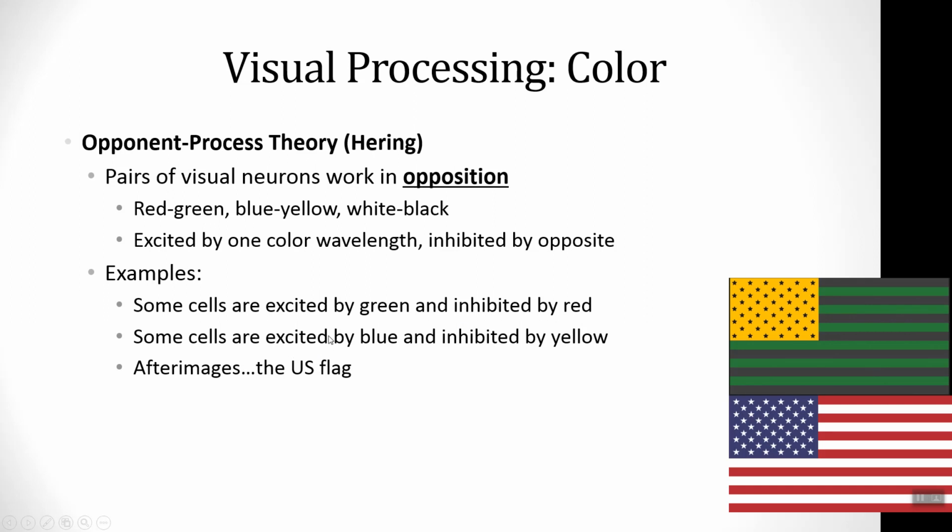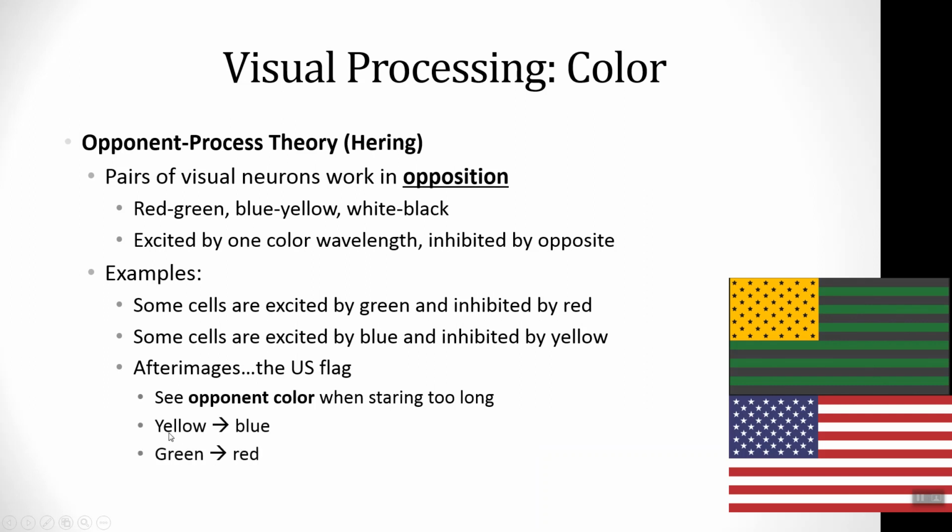And so it kind of just shows you the opposite color that was either being inhibited or excited. And that's why you're able to see blue in that after image. Okay. So interestingly enough, this is helping to explain the other piece of color that we couldn't explain with the trichromatic theory. Okay. You see that opponent color when you're staring too long.